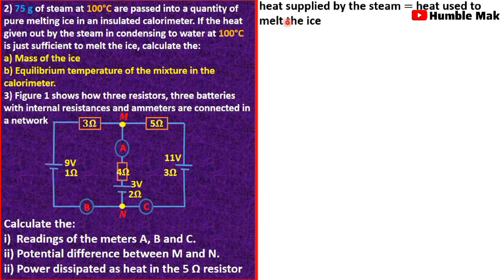And we know that the energy needed by that ice to melt without a change in temperature is simply called the specific latent heat, or if we don't care about the mass of the ice, it is simply the latent heat of fusion of the ice.